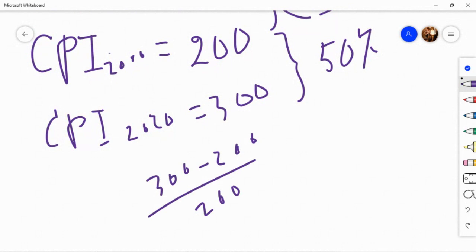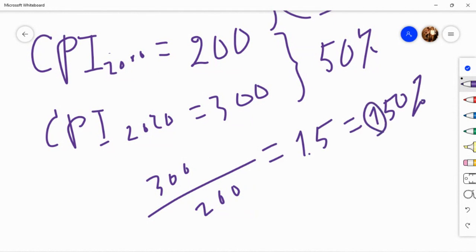This is the net growth rate or net inflation. But in gross growth rate, just 300 divided by 200, which is 1.5, which is 150%.